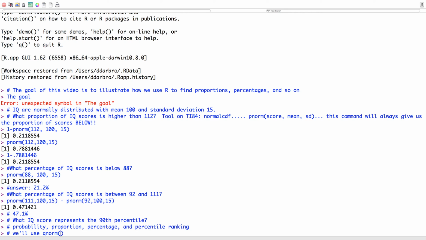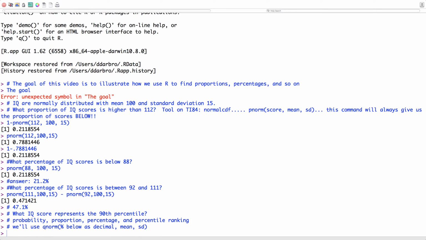The beauty of the qnorm function is it works exactly like the inverse norm function on your calculator. First we put the percent below as a decimal, then the mean, and the standard deviation. So to work this problem, we would do qnorm.